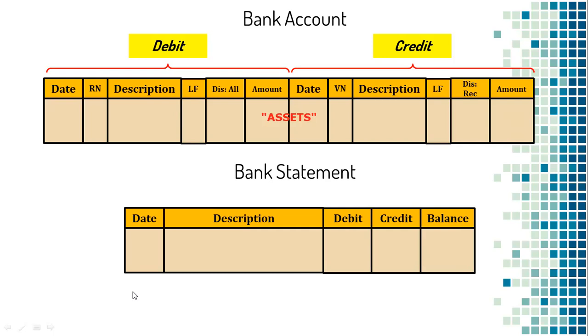I told you these two are required to be compared. And the comparison goes like this. The debit side of the bank account is compared against the credit column of the bank statement, because the things which have been debited to the bank account were credited to the bank statement.